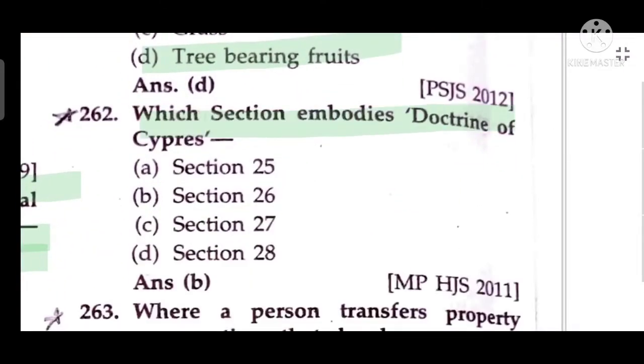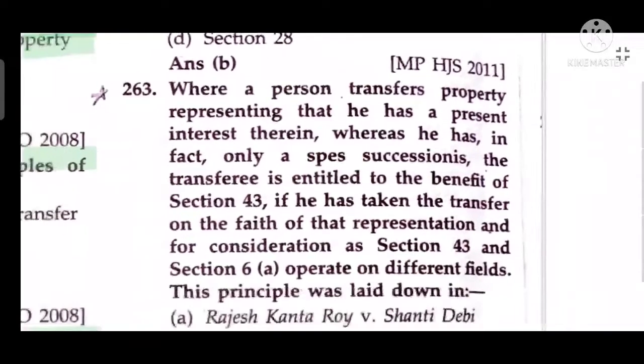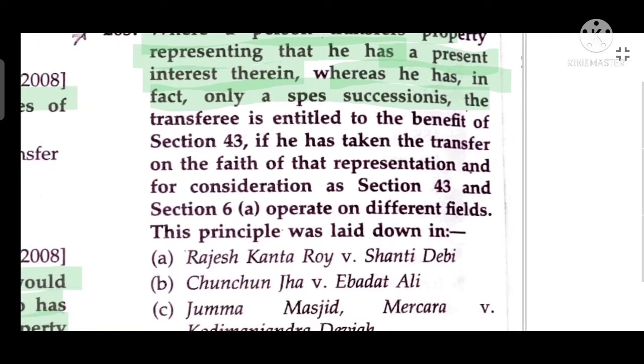Which section embodied the doctrine of cy-pres? Section 26. Where a person transfers property representing that he has a present interest therein, whereas he has in fact only a spes successionis, the transferee is entitled to the benefit of Section 43 if he takes the transfer on the faith of that representation for consideration.